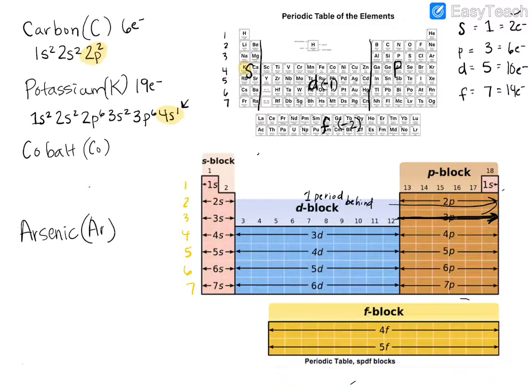So for cobalt, cobalt is right here on the periodic table, okay? So it's going to end up in that D sublevel block. It's actually right here, in group 9.